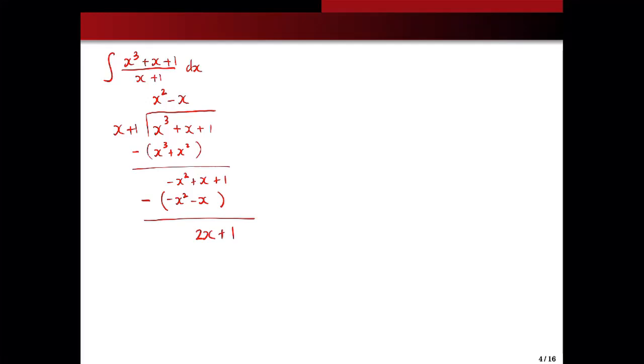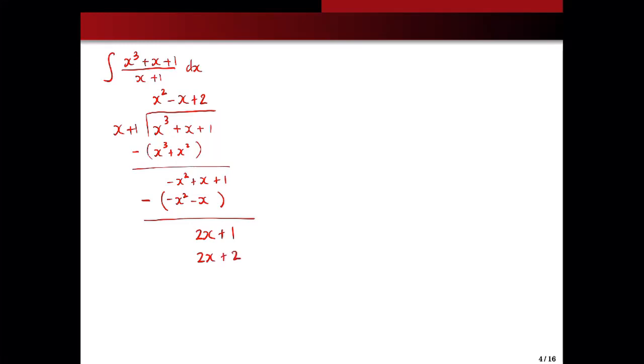And then check again. You now have 2x plus 1. The degree is 1, the same as the degree of the denominator. So continue the division. Now you have 2x divided by x, that will be positive 2. And then you multiply 2 by x plus 1, so you get 2x plus 2.